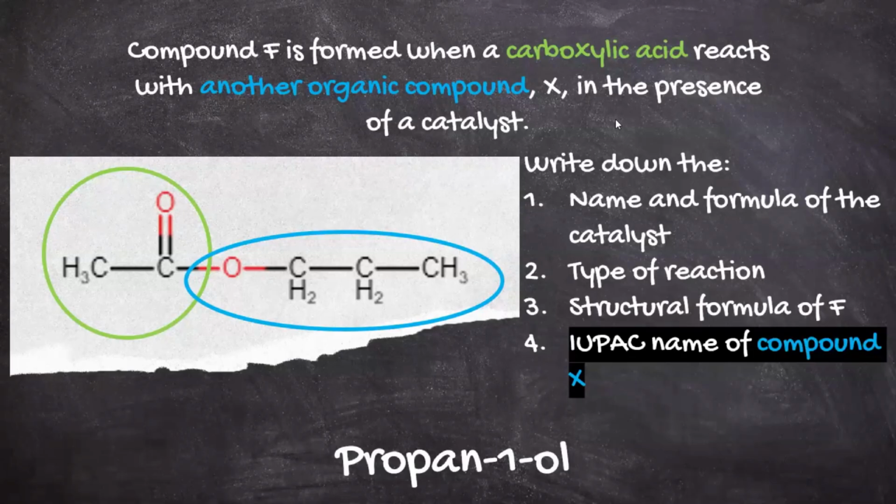Number 3. Okay, number 3 is asking to draw the molecule, which I have already done for you. Okay. The structure is up there with the 2 components circled. Okay. So yeah, question 3 I had already done for you by drawing it out. Okay.